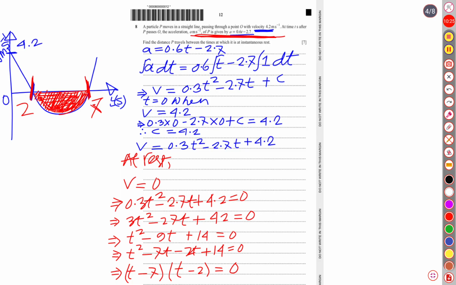This shaded region lies below the x-axis, so surely it will produce a negative value.